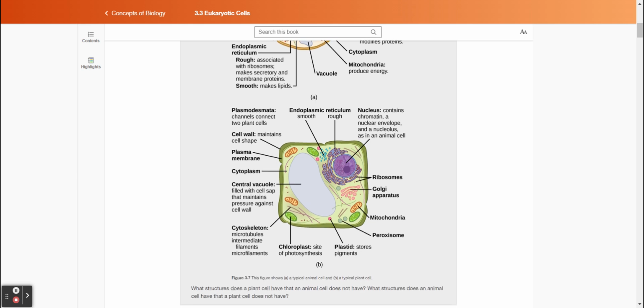Figure 3.7. This figure shows A, a typical animal cell, and B, a typical plant cell.